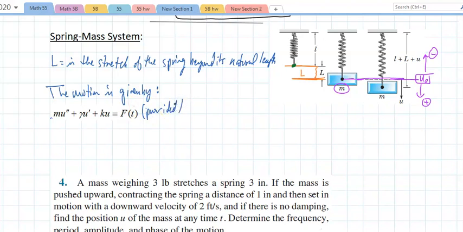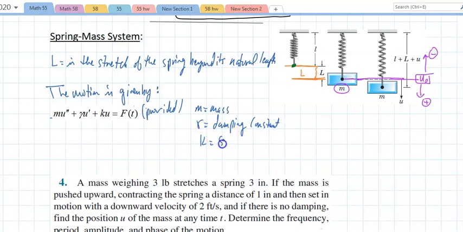Well, guess what? We know out of those that m is the mass, gamma is really the damping force, right? This is given as a constant.